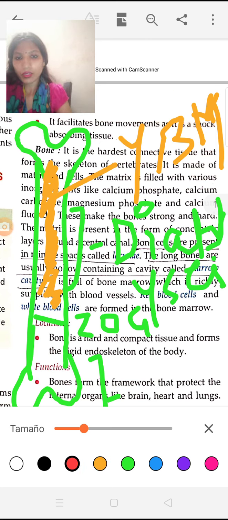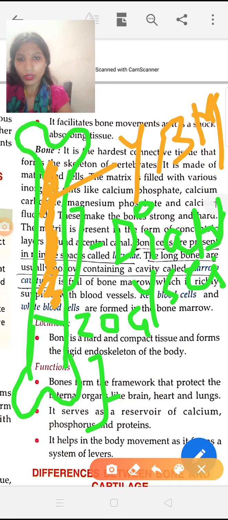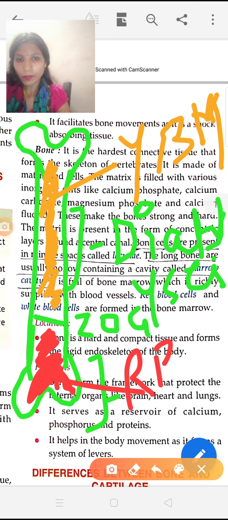And in the epiphysis, the cavity present is known as the red bone marrow. Clear?